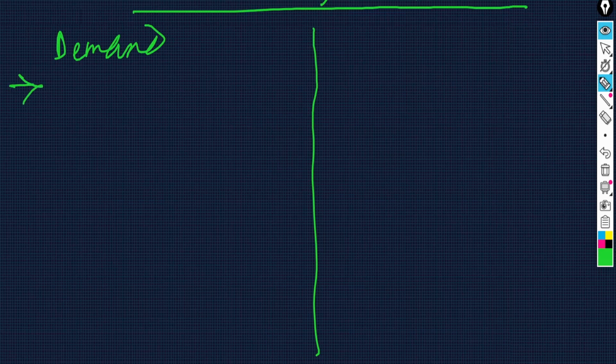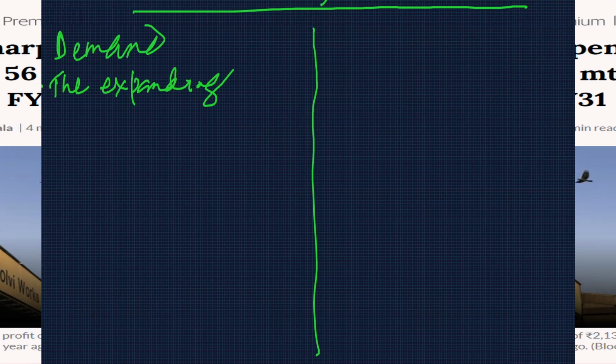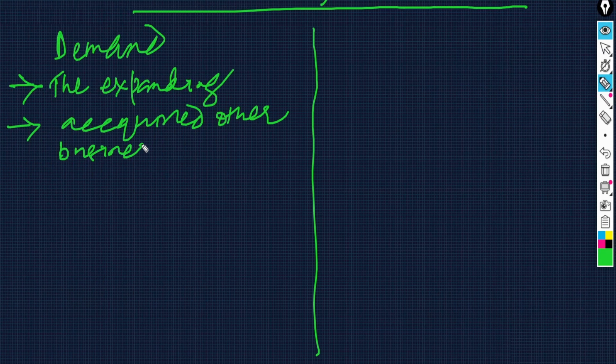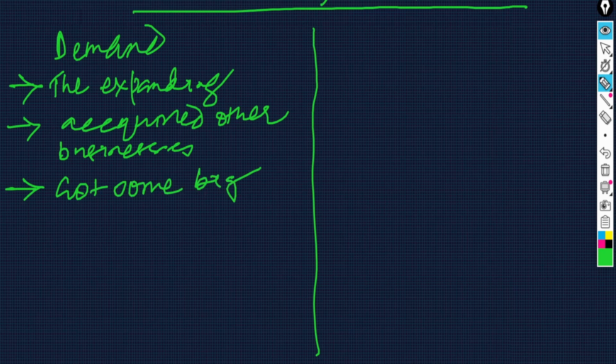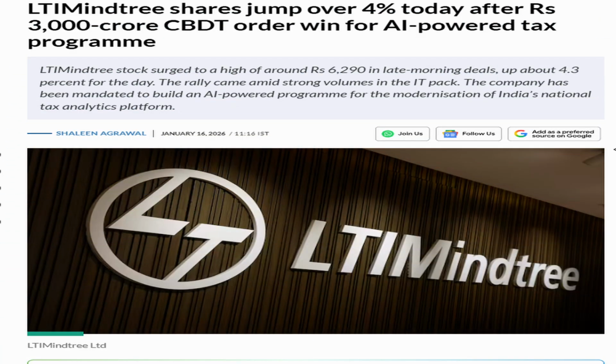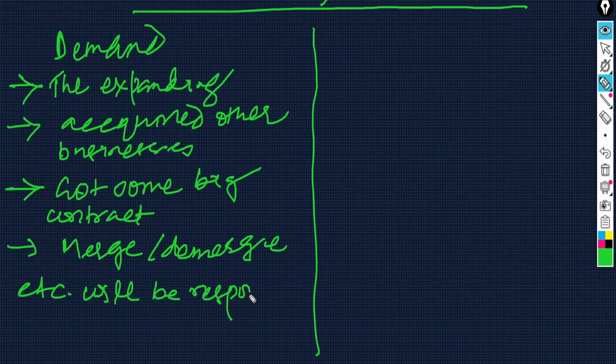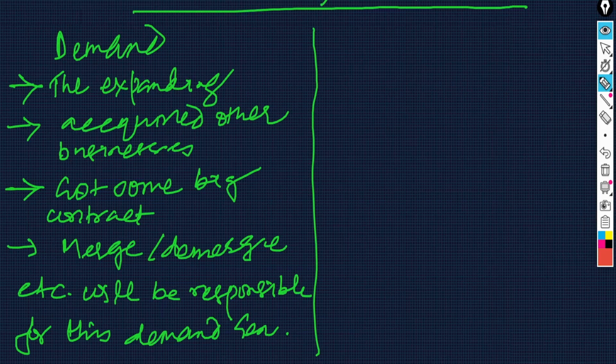For demand generation, if some news comes out where the particular company is expanding, or acquired other businesses, or got some big contract, merger, demerger, etc., that will be responsible for this demand generation.